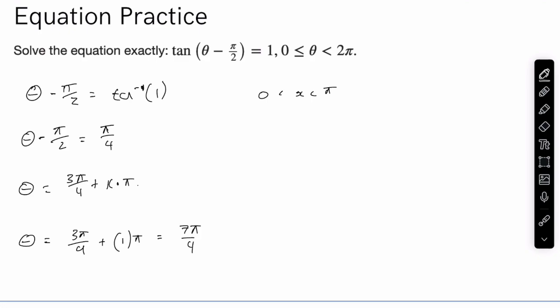And if we were to plug in -1 or 2, we'd be out of bounds. So as a result, we've got 3 pi over 4 as a solution because if k equals 0, we get 3 pi over 4, or we get 7 pi over 4, which was demonstrated over here. And those are going to be your final two answers there.